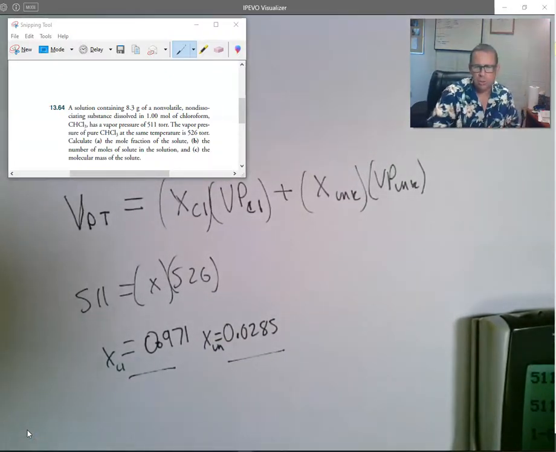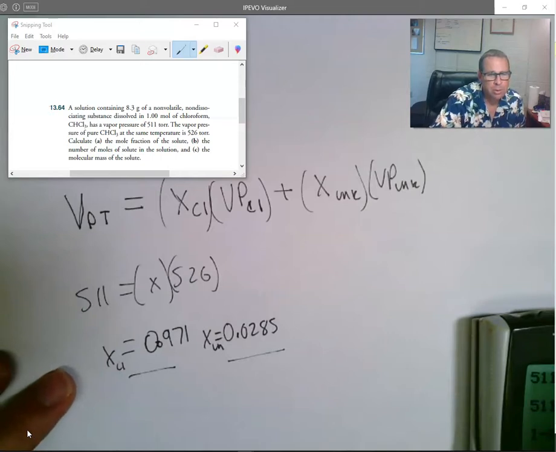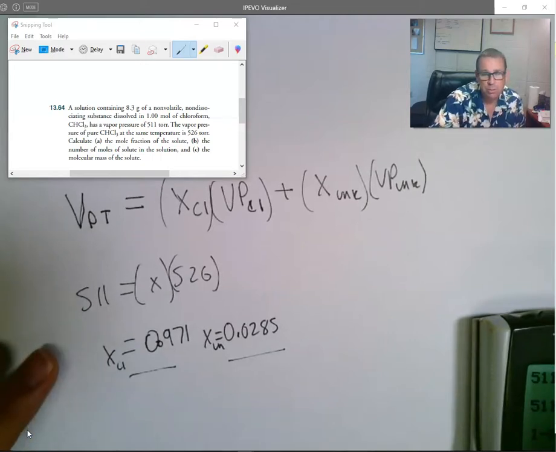And the same relationship relates to the molar relationship of the actual moles of material.